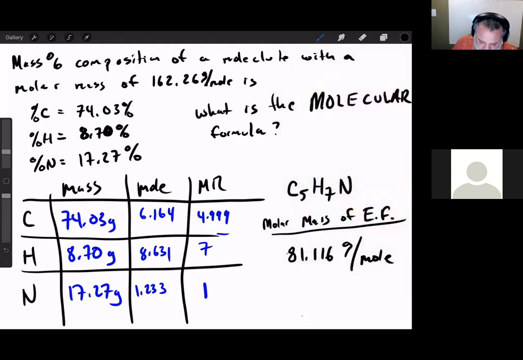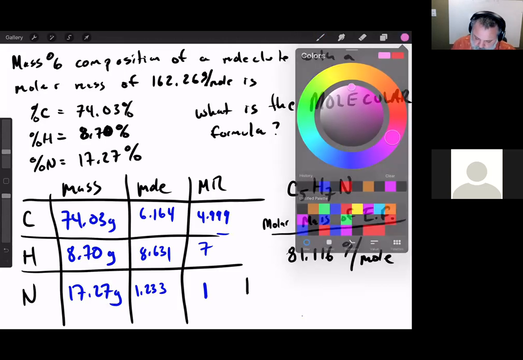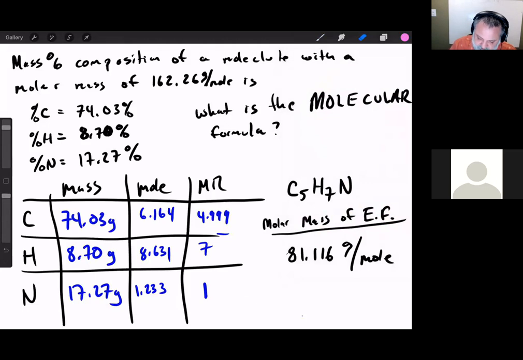So now I have to sort it out. I was given that the molar mass is 162.26 grams per mole.